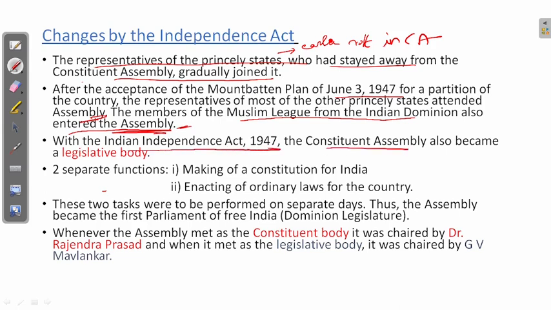Next, with the Indian Independence Act of 1947, the Constituent Assembly also became the legislative body. See, it had two separate functions: making of the Constitution and enacting of ordinary laws. Whenever the body met as a constituent body, it was chaired by Rajendra Prasad, and whenever it met as a legislative body, it was chaired by G.V. Mavlankar.